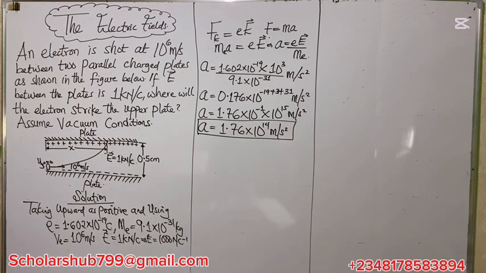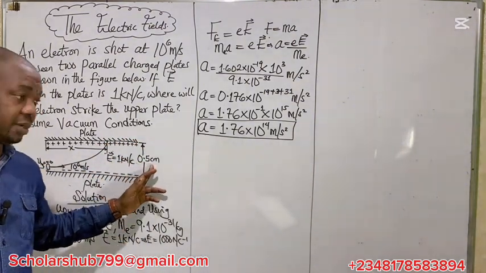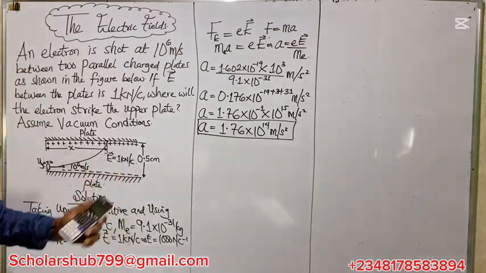All right, so the next thing we need to look at is, now we've been able to calculate the acceleration. But another thing that is important here is we have the distance between the plates to be 0.5 centimeters, which will be the vertical distance.